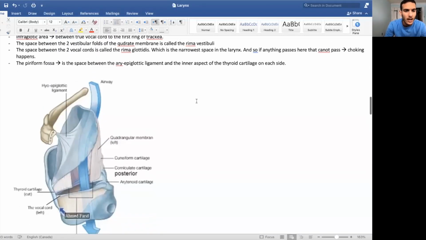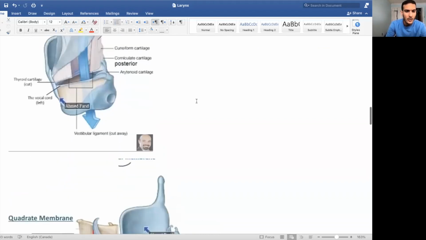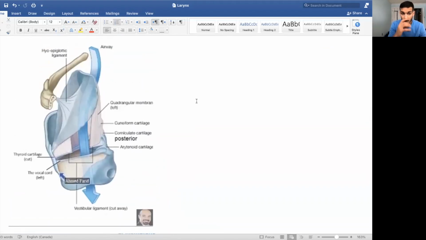Back. So we discussed the quadrate membrane. On this image right here, we are looking at the anterolateral side of the larynx. So this is Adam's apple right here. The lateral left plate of the thyroid cartilage is removed, which should be covering this part.